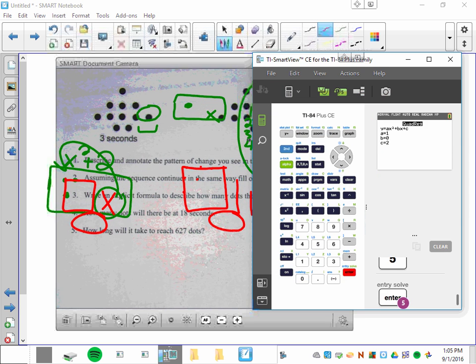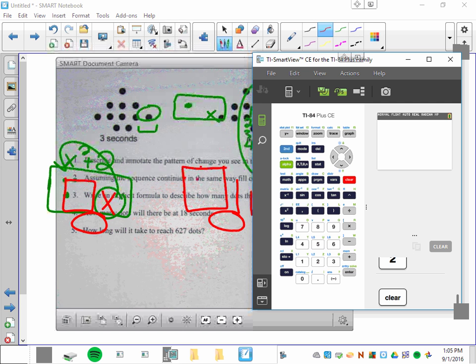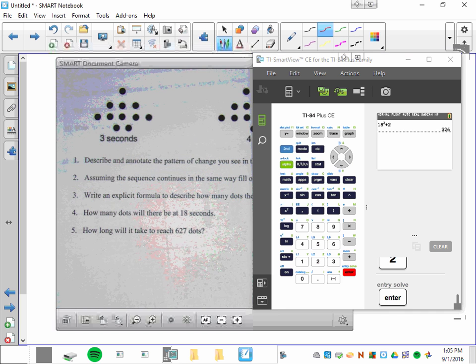So in my calculator, 18 squared plus 2 is 326. So in 18 seconds, there will be 326 dots. So the answer to number 4 is 326.